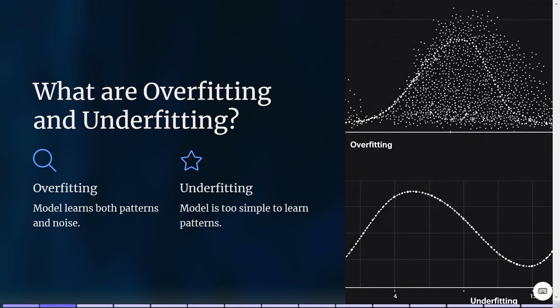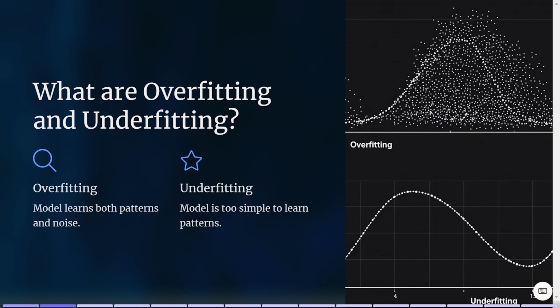Let's start by defining these two terms. Overfitting happens when our model learns too much, not just the patterns in the data, but also the noise. Think of it like memorizing answers for an exam instead of understanding the concepts. It works great in the short term, but falls apart when faced with anything new.